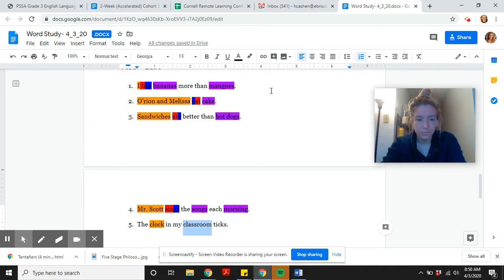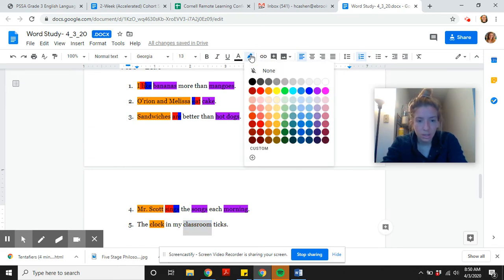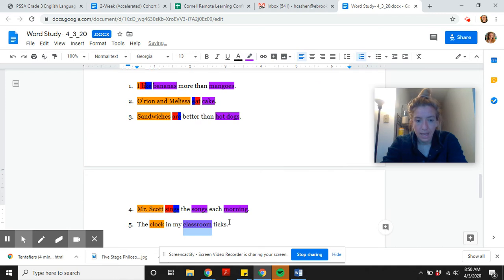Is it a predicate? Nope. It is a noun. And how about ticks? Well, what is that clock doing? It's ticking. And I know that the clock was the subject of the whole thing. So tick is both my predicate and, so sorry, and a verb.